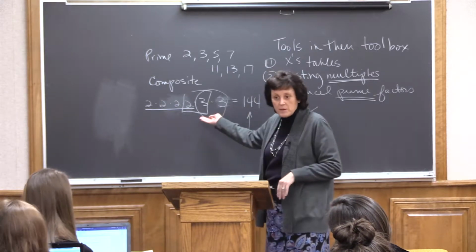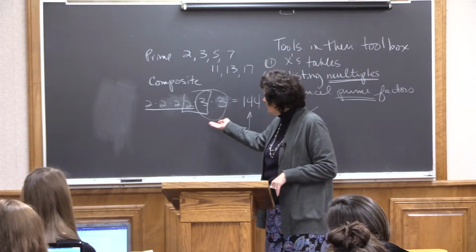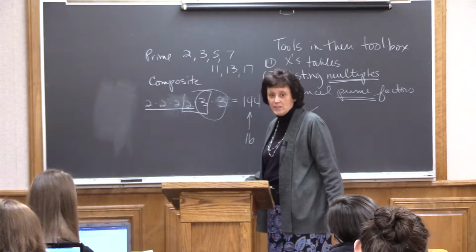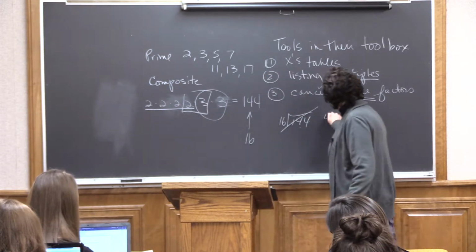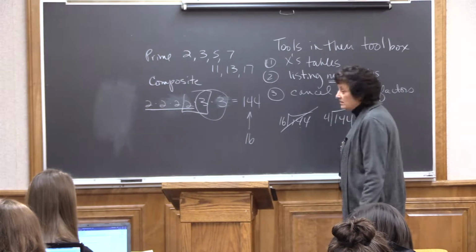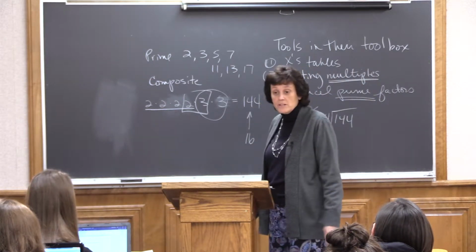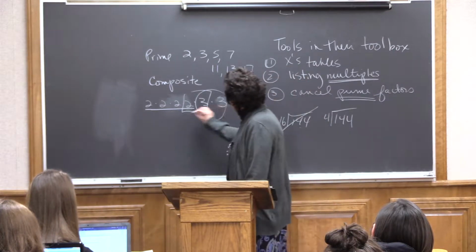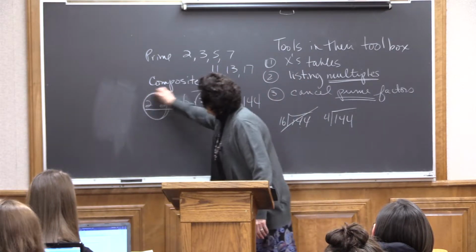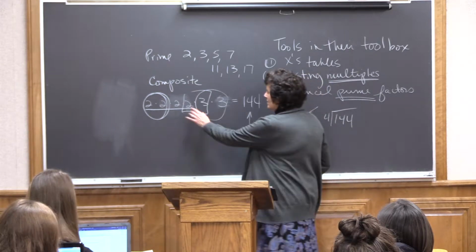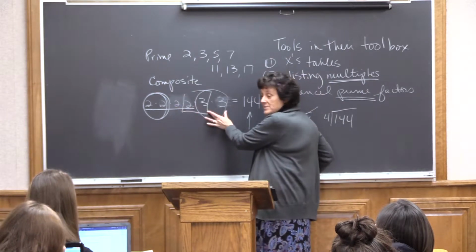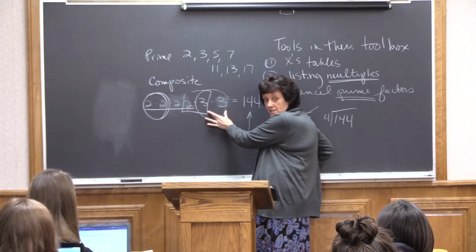So do you see what I mean by the composite number? How many times does 4 go into 144? We're not going to do this on our scrap paper or in our margin. How many times does 4 go into 144? Well, here's 4. So 4 times 9 is 36.